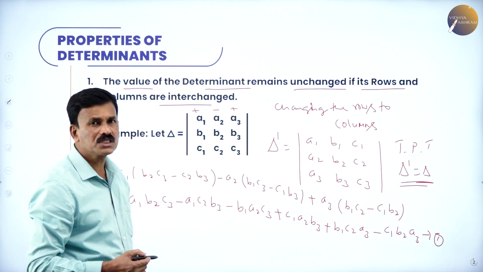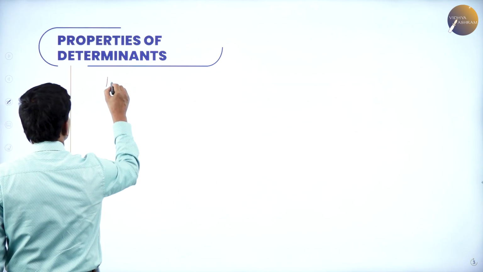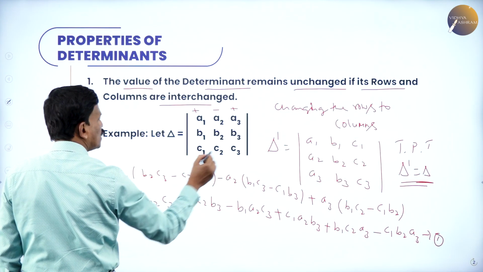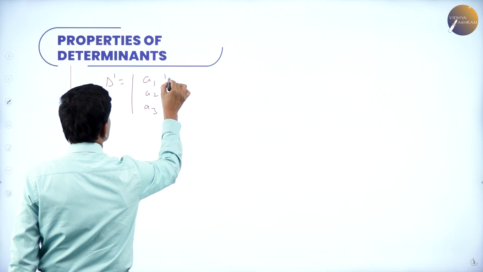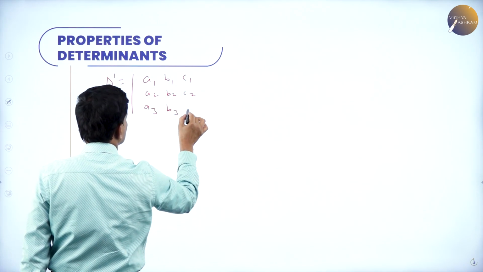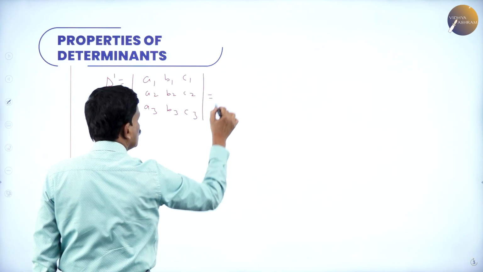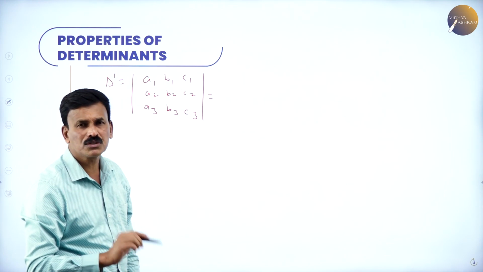Now let us go to the second one. Expand delta dash, which has the columns A1, A2, A3; B1, B2, B3; C1, C2, C3. According to the definition, the value of delta dash is also equal to delta.